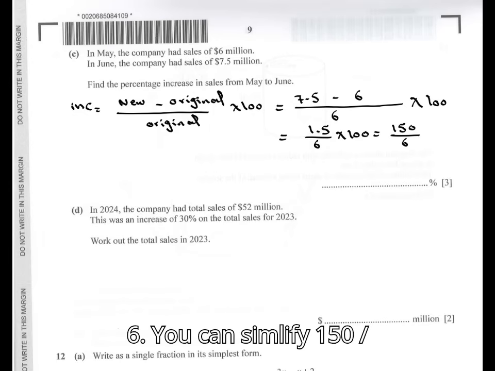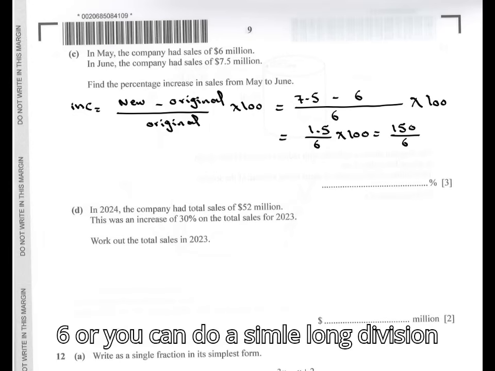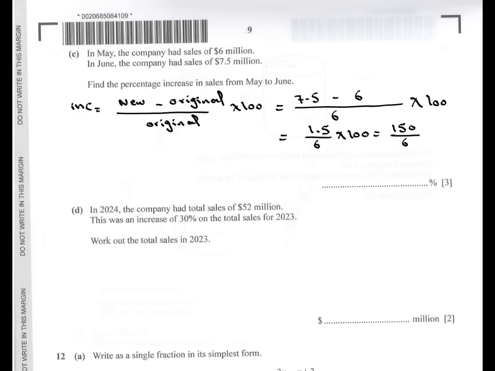You can simplify 150 divided by 6, or you can do a simple long division like this.